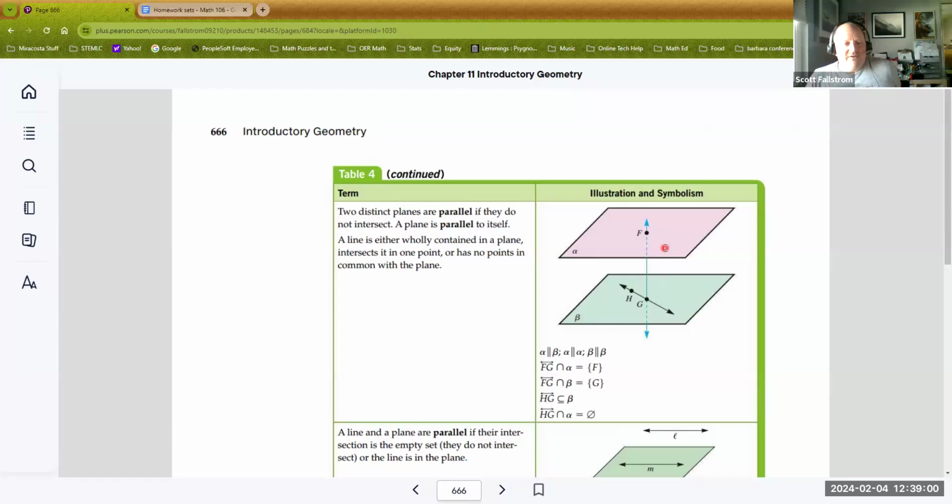Now, when it comes to a line and a plane, there are options. A line is either completely in the plane, and that means it intersects it infinitely many times, or it intersects it at exactly one point, like line F does, or it could be not in the plane whatsoever, kind of floating above it.